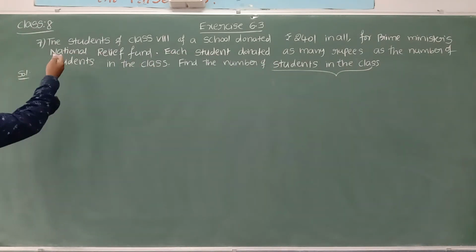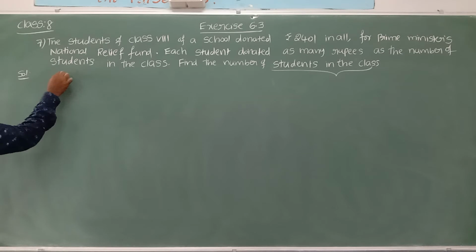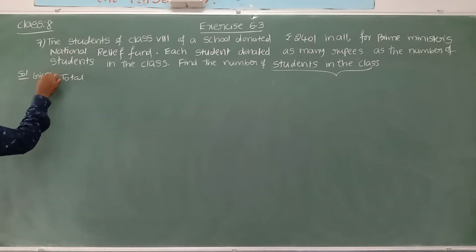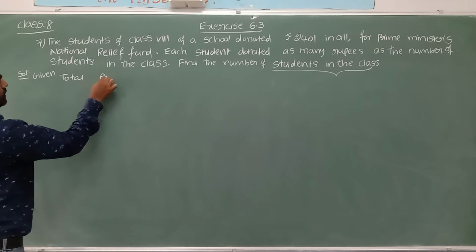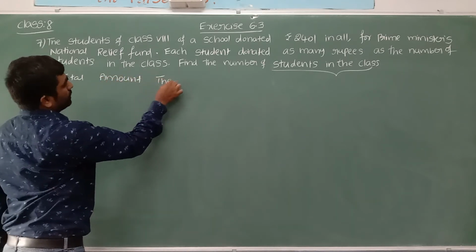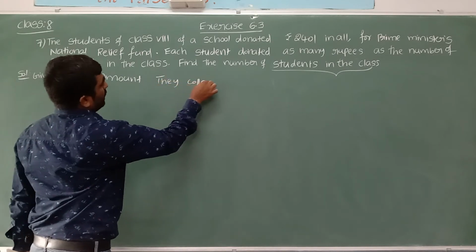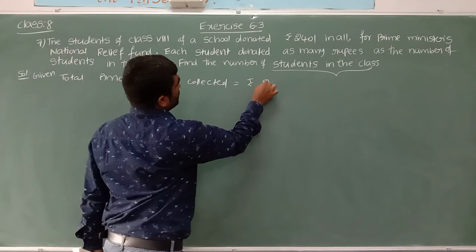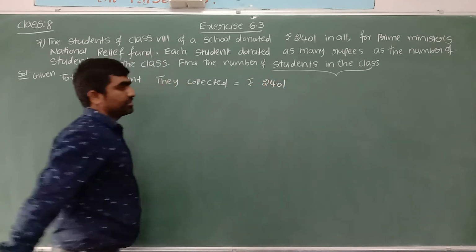So first we will write the given data. Here the total amount we collected, what can we write? The total amount collected is equal to 2,401 rupees.